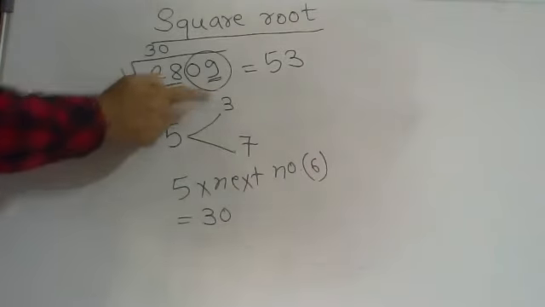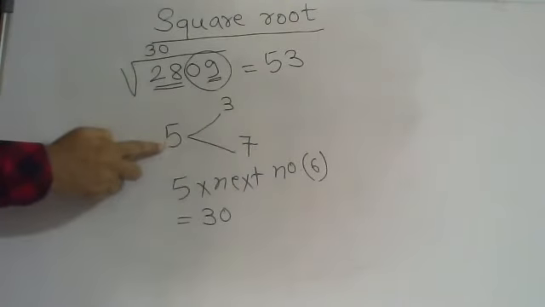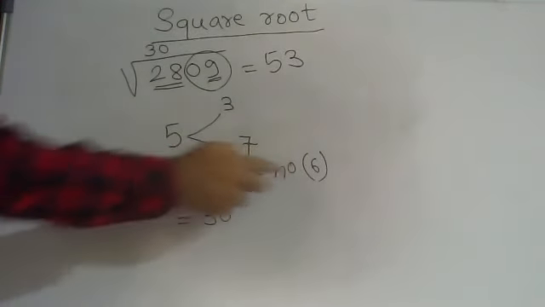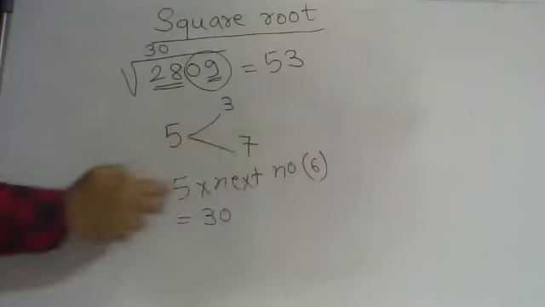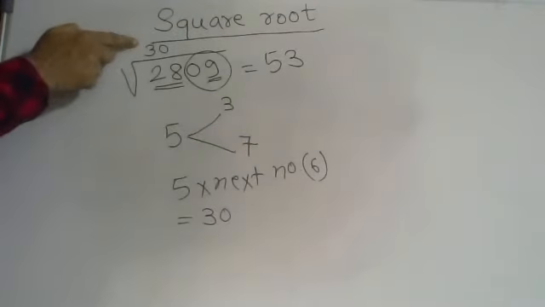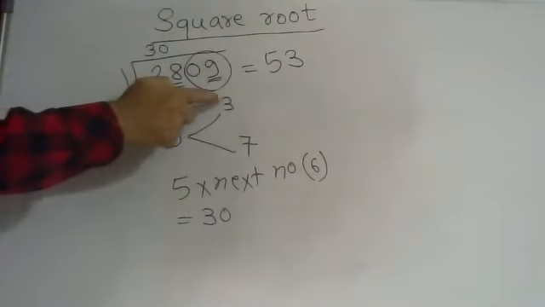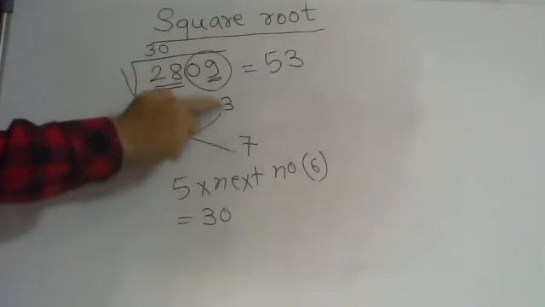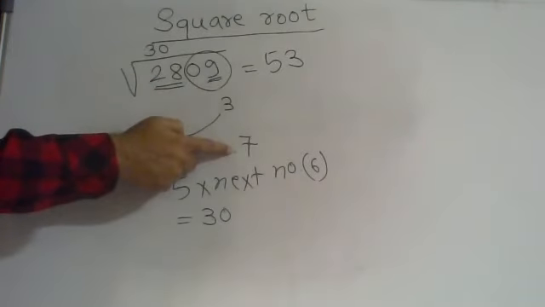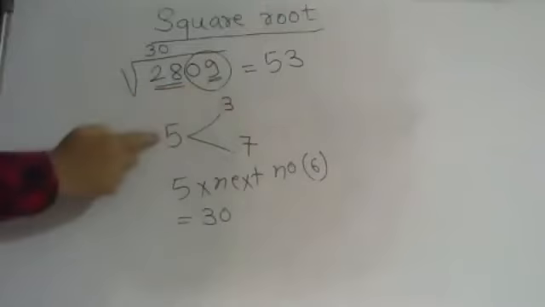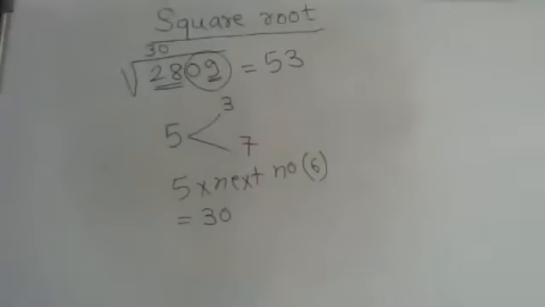So the answer can be 53 or 57. Always 5 into next number. Next number of 5 is 6. 5 into 6 is 30. Since our number is smaller than 30, choose the smaller number from 3 and 7, that is 3. Your answer is 53.